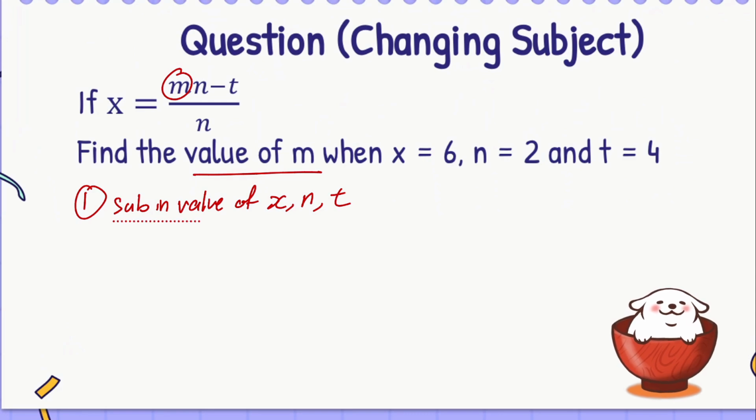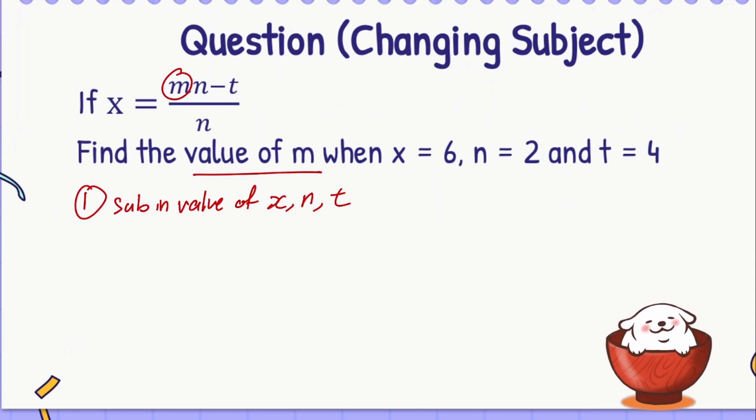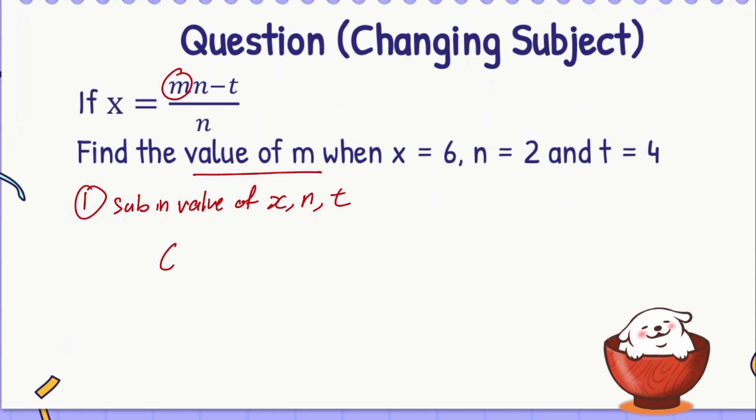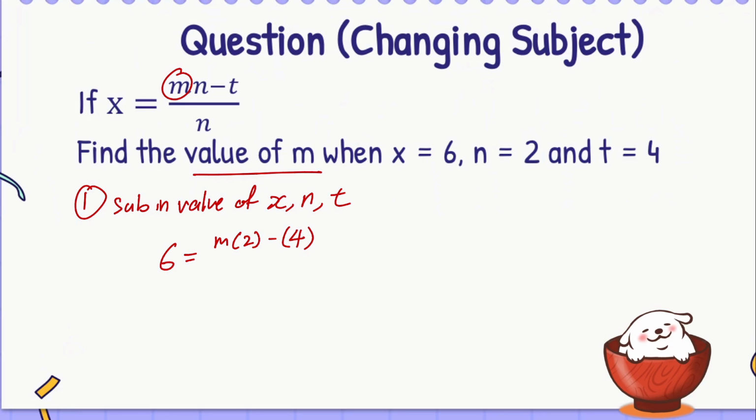Of course, you want to try it yourself. You can pause the video first and then try yourself and then look at the answer. So after substituting in, we should get 6 equals to m bracket 2 minus 4 over 2.